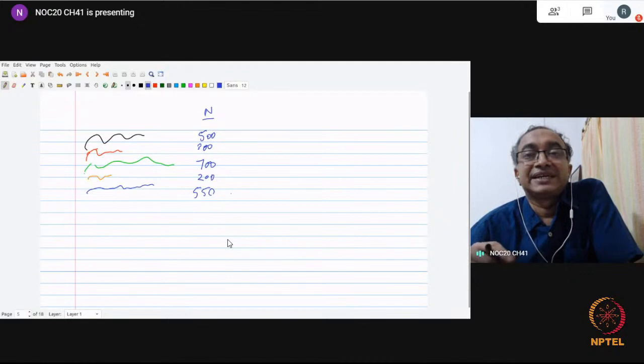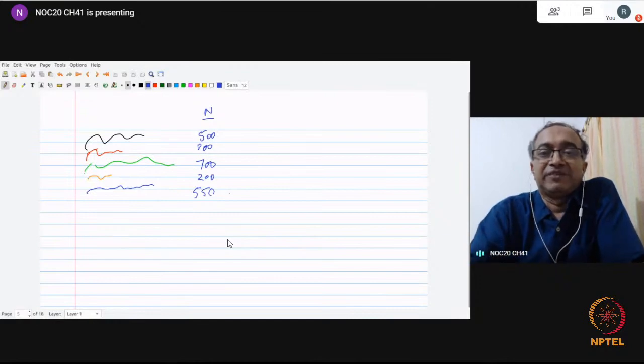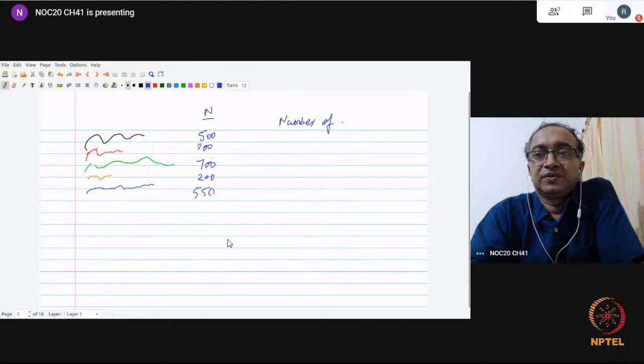One, you can say that I will find the number of molecules which have these repeating units. So that's one way of doing it, based on the number of molecules with n units.